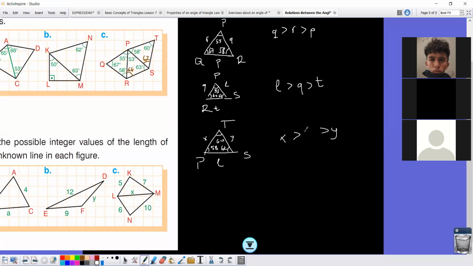Okay, understood. Now let's see. Look, in the first one, Q is the longest.